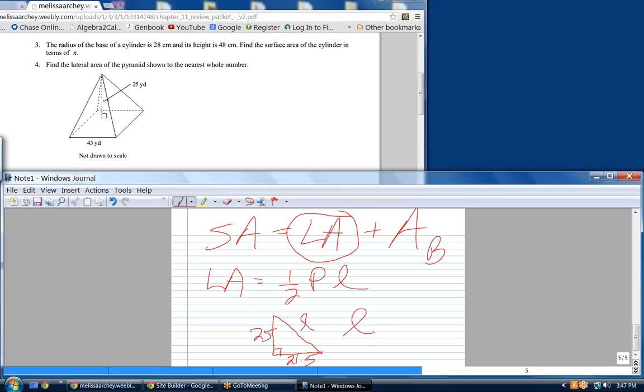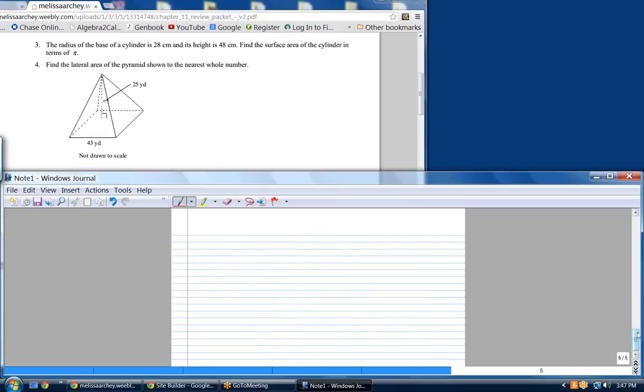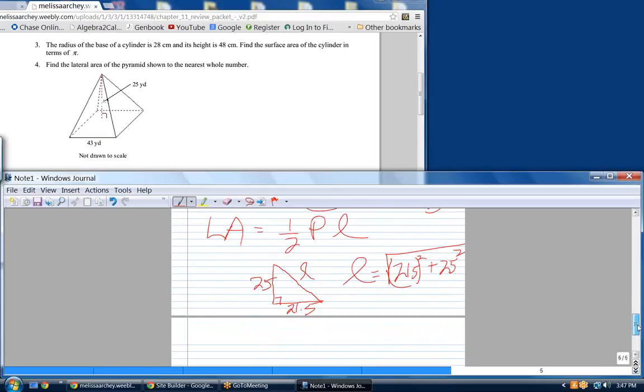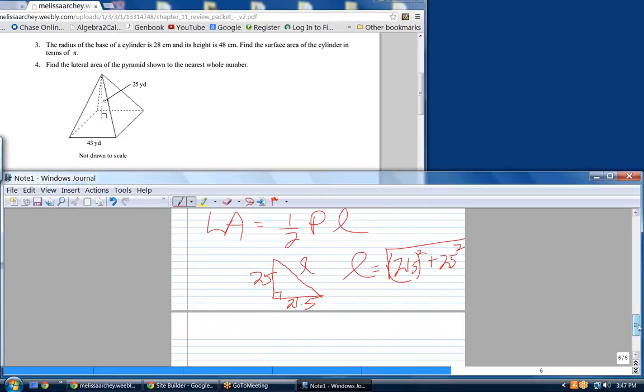So the slant height is equal to what? And just give it to me not as a number, but in terms of what? The square root of 21.5 squared plus 25 squared. Good. Let's leave it at that. Once you get that answer, you plug in that formula, right? Exactly. So lateral area is equal to 1/2 times the perimeter.